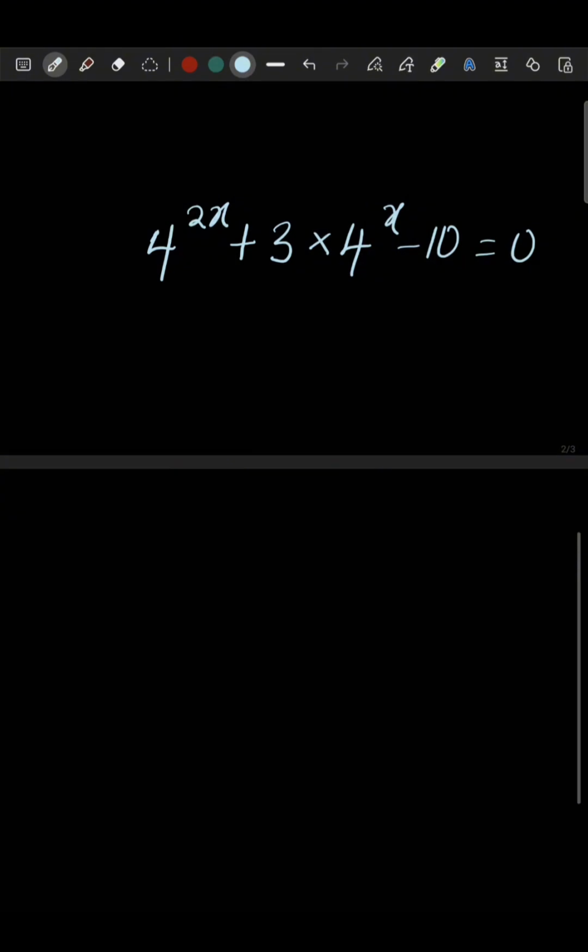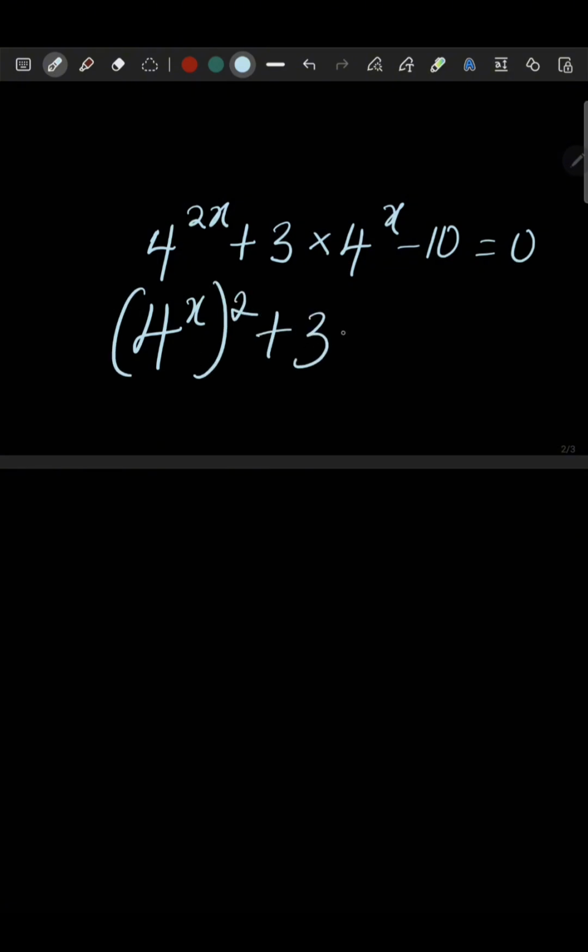It says 4 to the power of 2x plus 3 multiplied by 4 to the power of x minus 10, everything is equal to 0, right? So now I can write this as 4 to the power of x, then raised to the power of 2, plus 3 multiplied by 4 to the power of x, minus 10, everything is equal to 0, right?